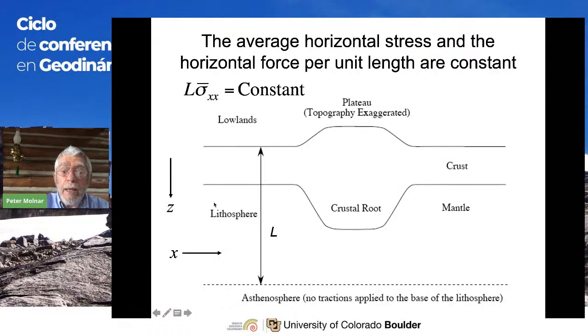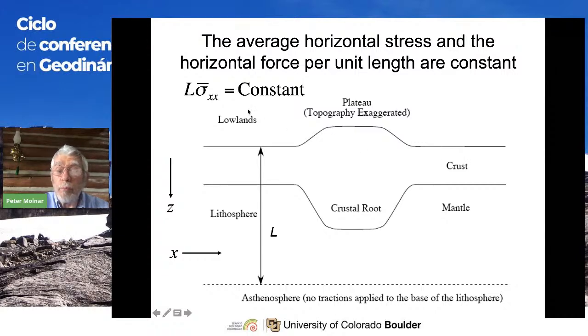So in a situation like this, what that just said is the force per unit length integrated over this depth is the same as the force per unit length integrated over this, and that force per unit length is the product of the thickness of the lithosphere times the average horizontal compressive stress, the horizontal compressive stress that is tending to shorten this region or to extend it.